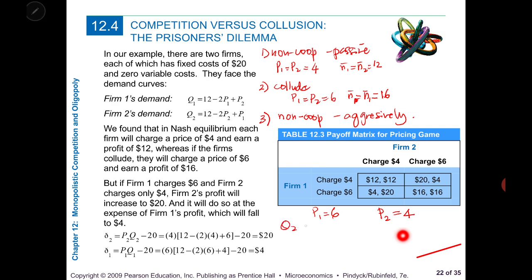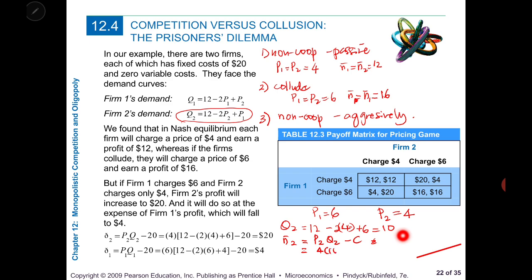Quantity of firm 2 now, if you take this quantity of firm 2, which is from here, so 12 minus 2 times 4 plus 6 equals 10. And if that is the quantity, then we can quickly calculate the profit for firm 2, which is P2 Q2 minus C. So let's do that here.